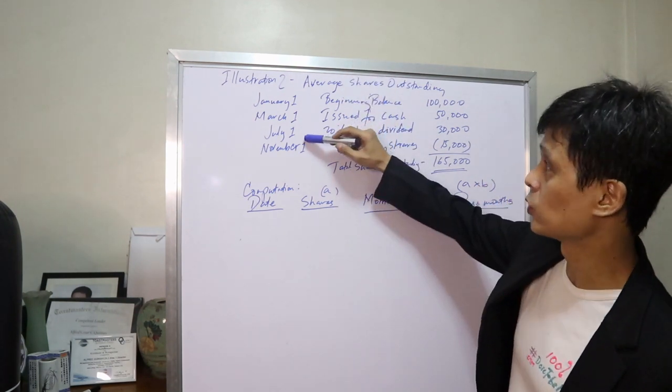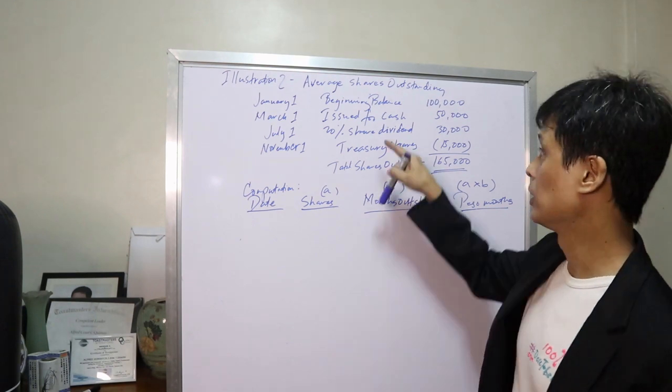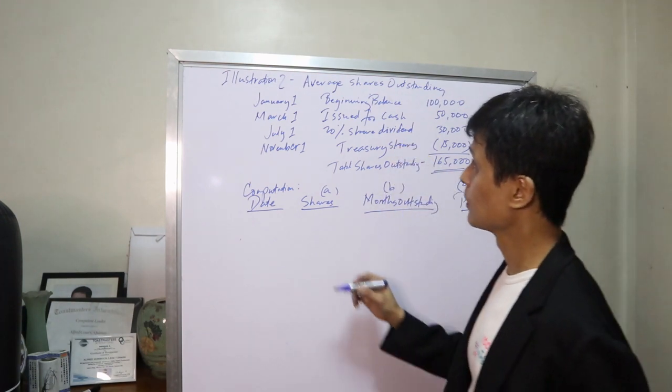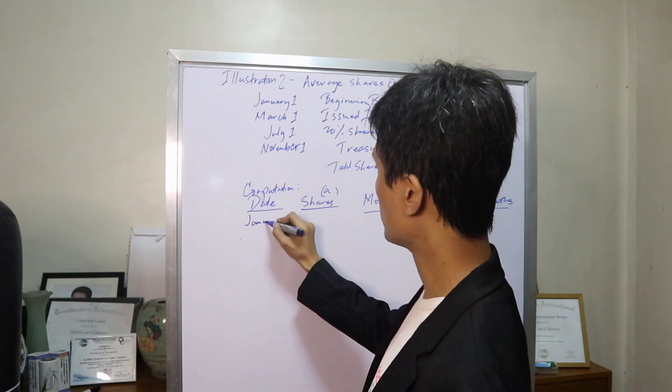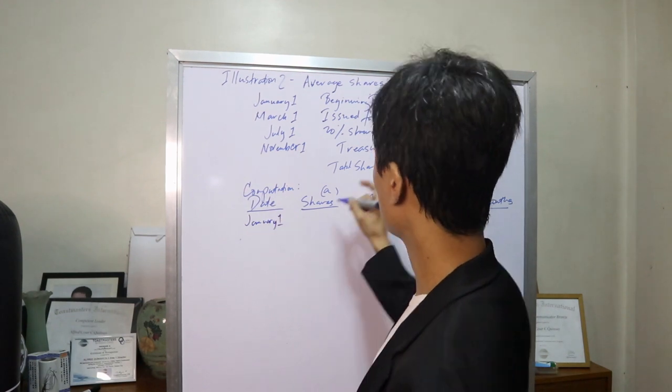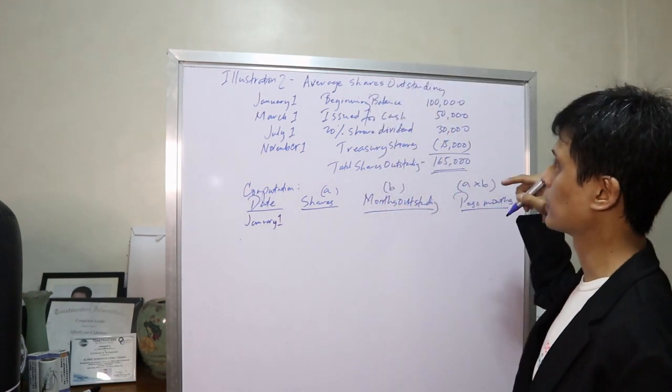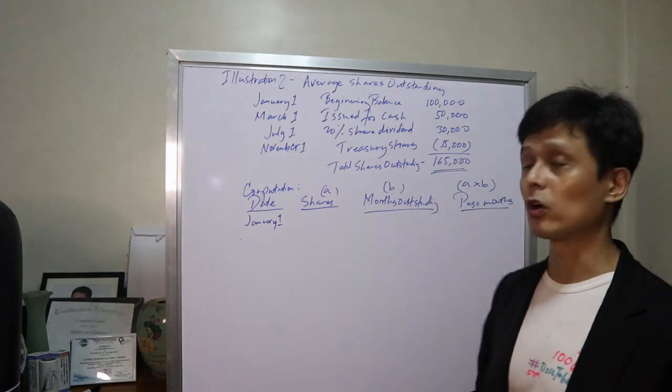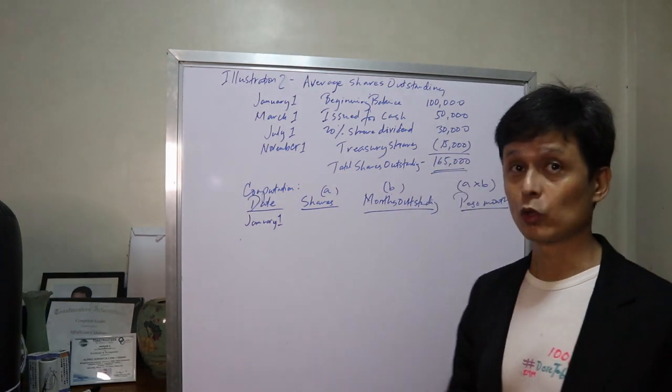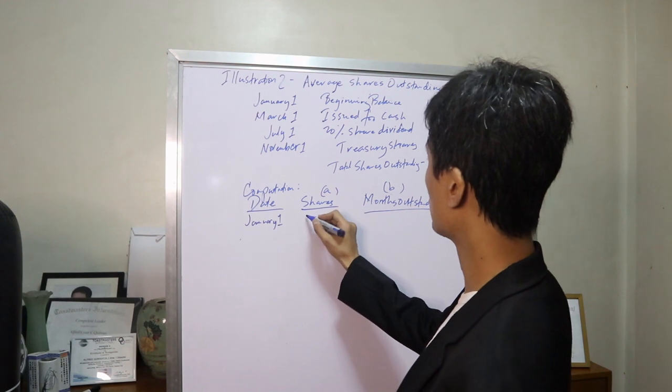So, meaning, itong January 1, maapektuhan siya doon ng 20% dividend. So, lagay natin dito January 1. Okay, so January 1, ang shares niya, instead of 100,000, 20% of 100,000 is, of course, 20,000. So, that would be 120,000.